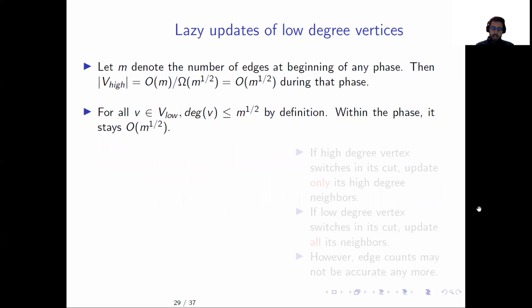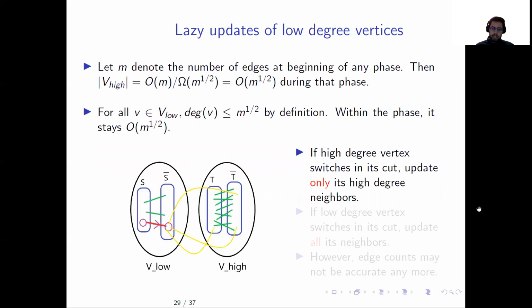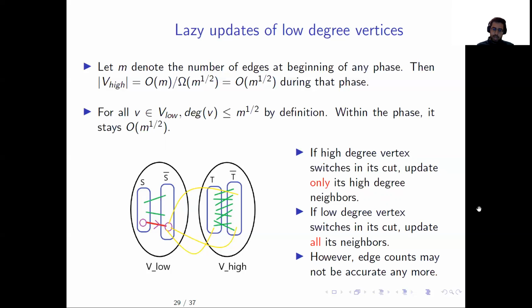So the main technique actually involves ideas involving lazy updates of low degree vertices. If we have a low degree vertex, then its degree is obviously less than square root of m by definition, so we can afford to update all its neighbors.